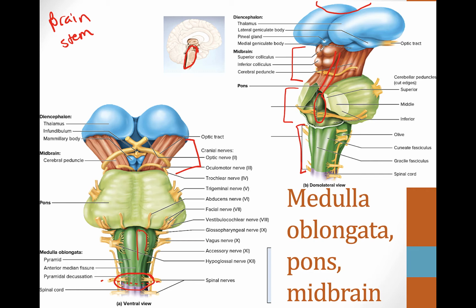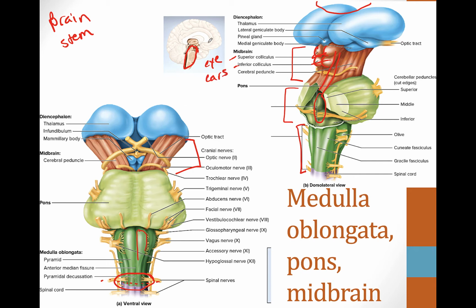The midbrain has 4 posterior bulges. So you can see on this posterior side, there's 1, 2, 3, 4 bulges here. The top 2 are called the superior colliculi, and those are going to be involved in controlling eye movements, so motor function of the eye. And then the bottom 2 are the inferior colliculi, which are going to receive sensory information from the ears.